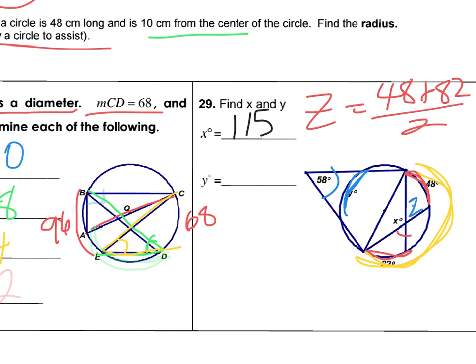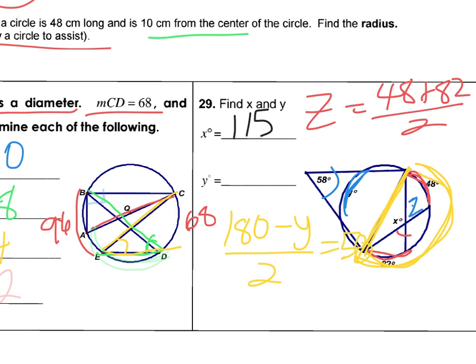So you're doing big arc minus small arc, and I'm hoping you saw that this is the diameter. So your big arc is the 180 minus the small arc, which is the y, divided by 2, will equal the exterior angle, which is 58.